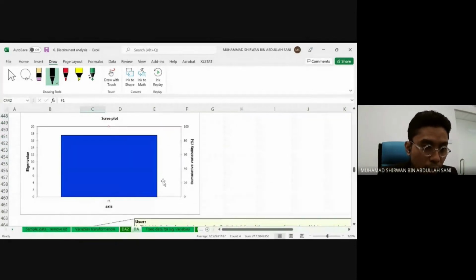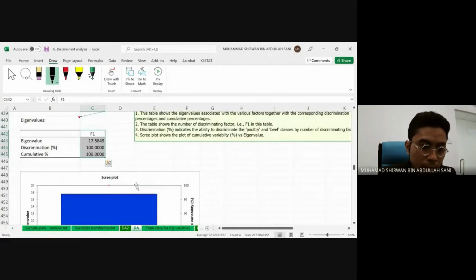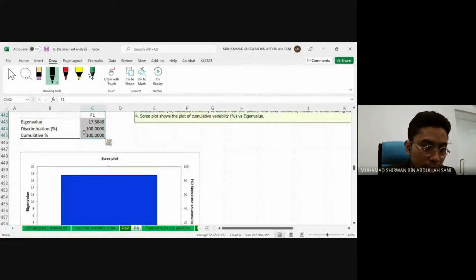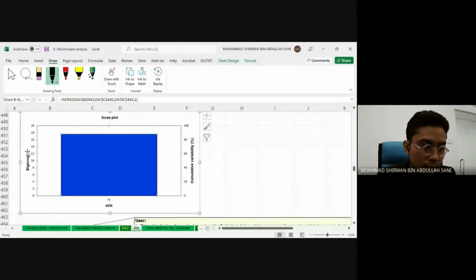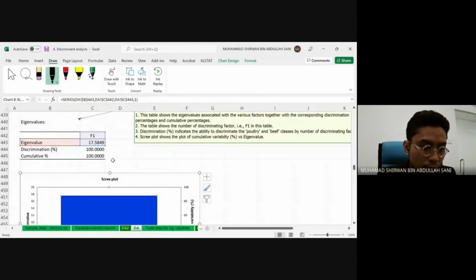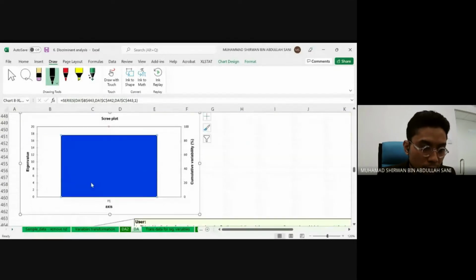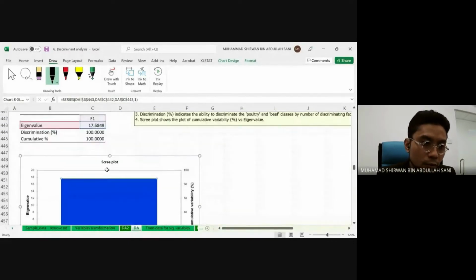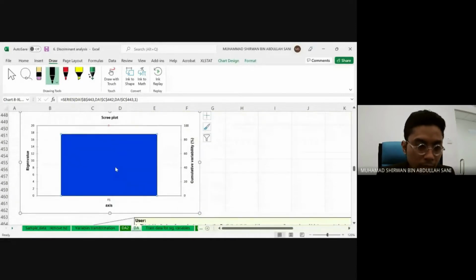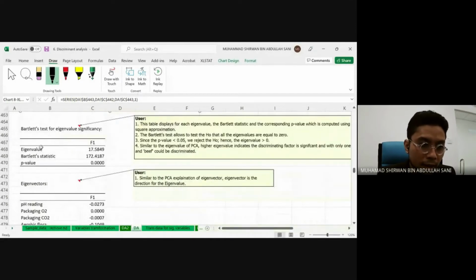And then we also have a scree plot. The scree plot is the plotting of the cumulative variability. If you click here, you can see the eigenvalue and scree plot here. They will use this value for plotting. So either you want to use the scree plot or you want to discuss this table, either is fine. Okay. And then we have the Bartlett test for eigenvalue significance.